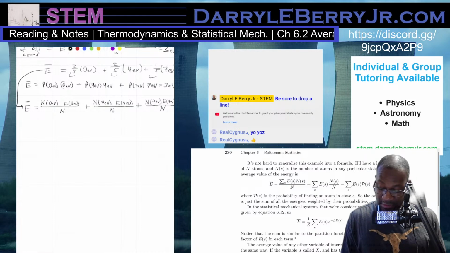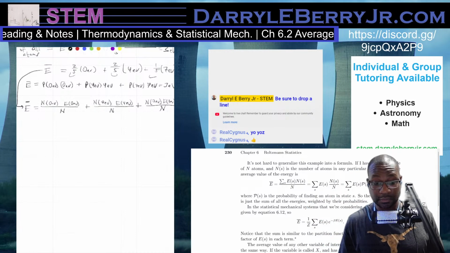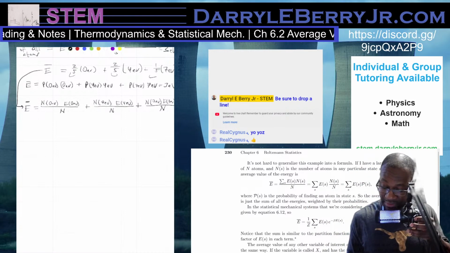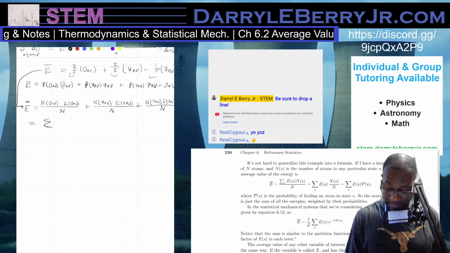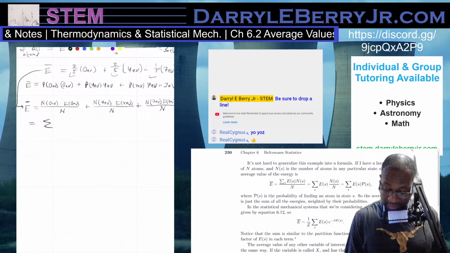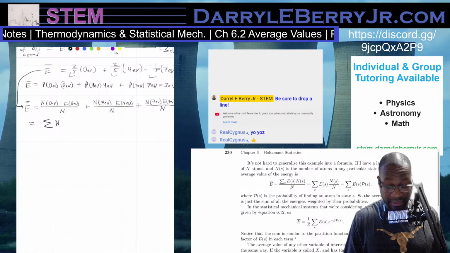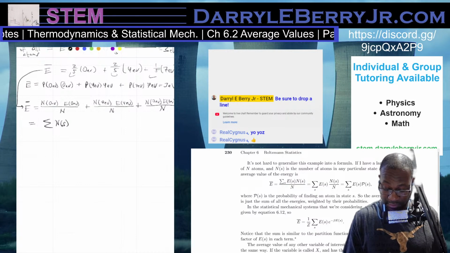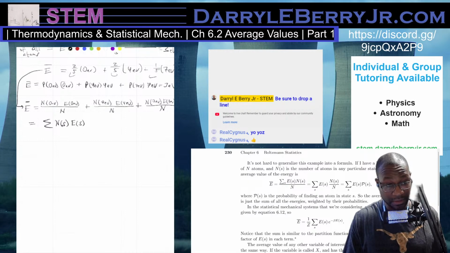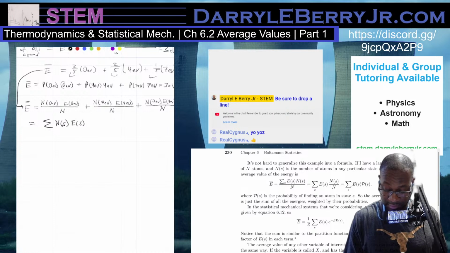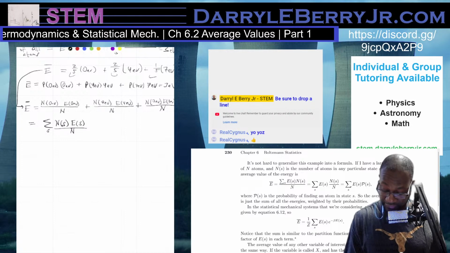So if I were to simplify this a bit further, what they're saying is we have the sum of the number of particles in a certain state, times the energy of the particles in that particular state, adding up all the different states, divided by the total number of particles.